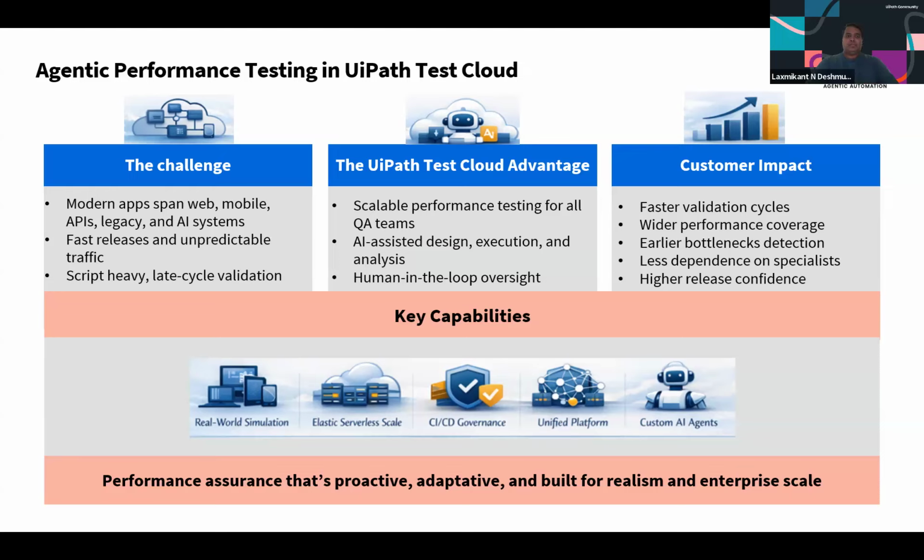Okay. So when we are talking about agentic performance testing in UiPath Test Cloud, as I said, there are multiple challenges nowadays: applications are becoming more modern. They are not only web; there are mobile applications, APIs, legacy applications, ERP packages, and then end-to-end scenarios, and AI systems are getting built nowadays, which is making performance testing more relevant and more important.